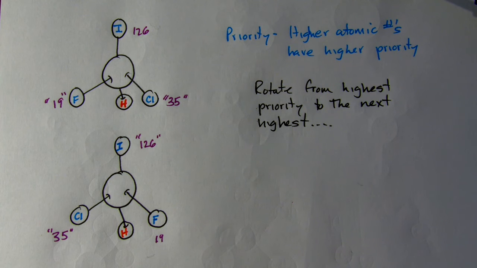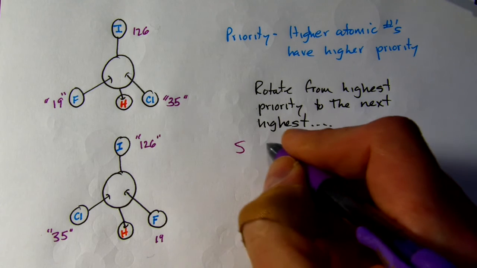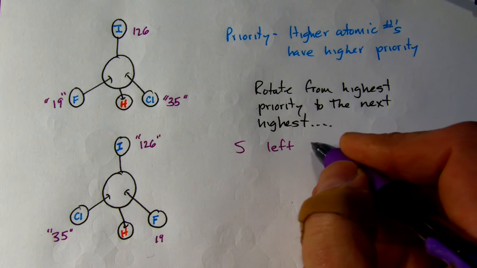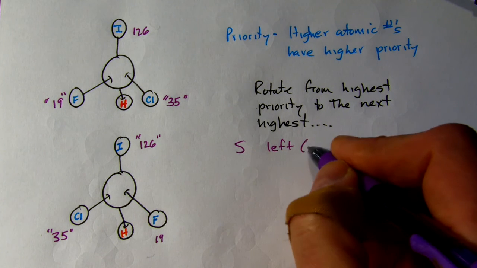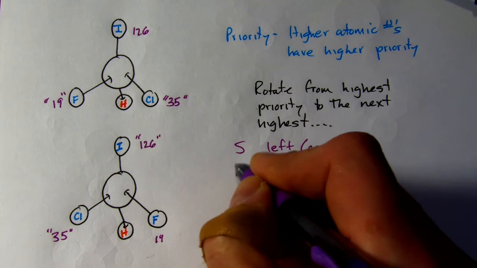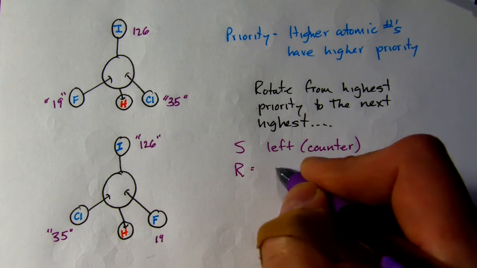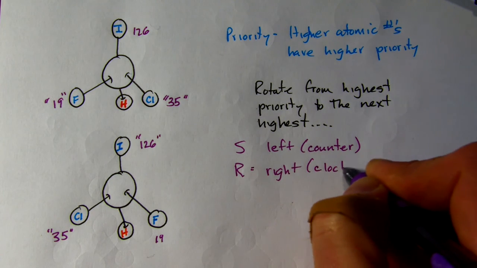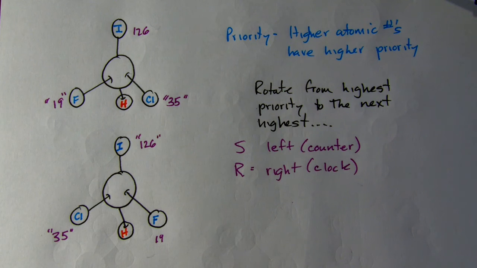If we rotate to the left, that's called the S designation, and by left we mean the counterclockwise, and then the R designation, which stands for right, is the clockwise spin. And this will help us determine if we actually have a stereoisomer or if we have exactly the same one. So how do we do that?